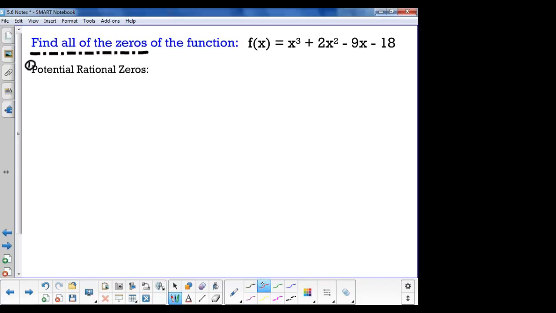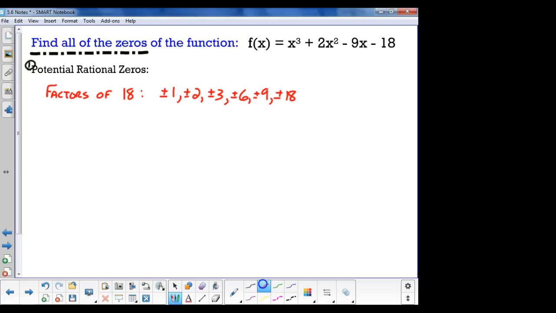Okay? So, I need factors here of what number? Factors of 18. So that's going to be 1, 2, 3, 6, 9, and 18. Correct? Okay.